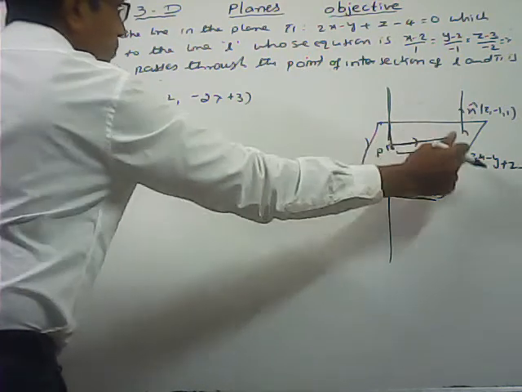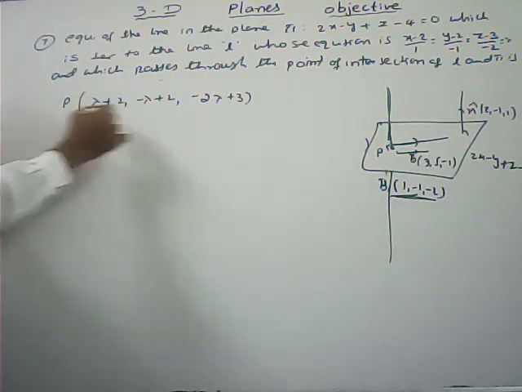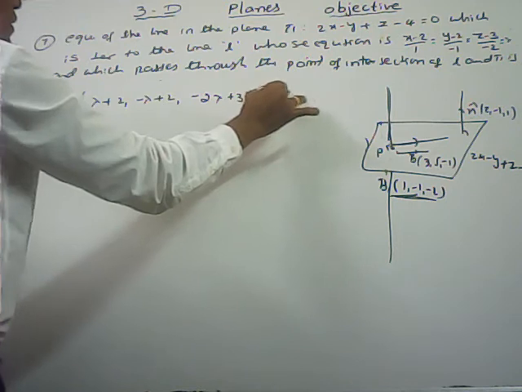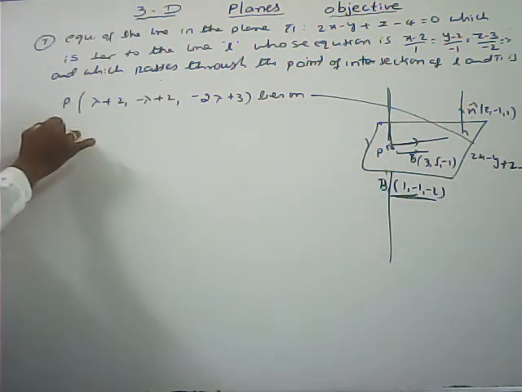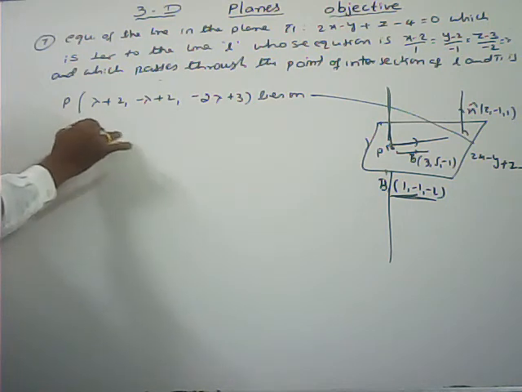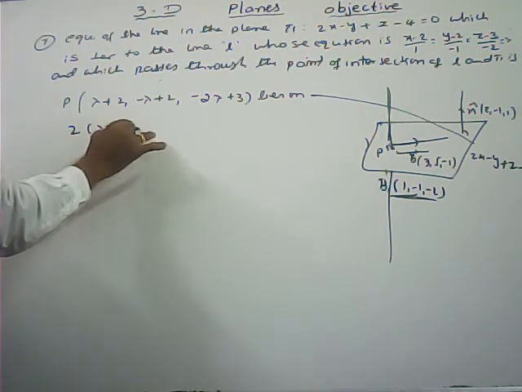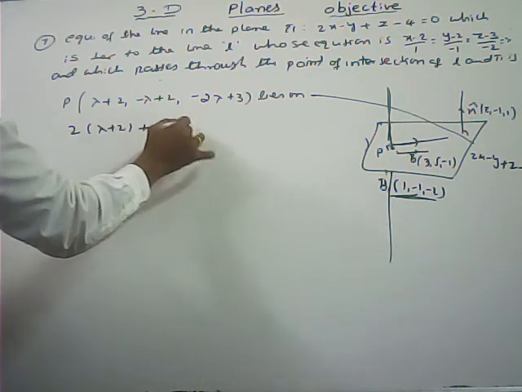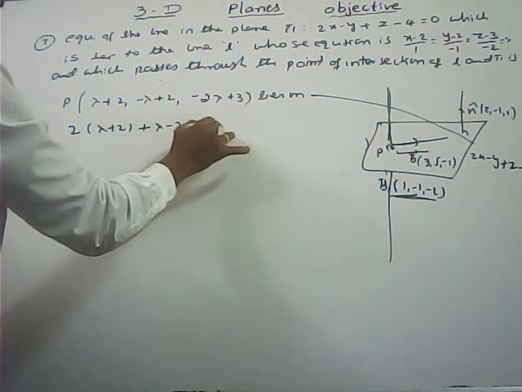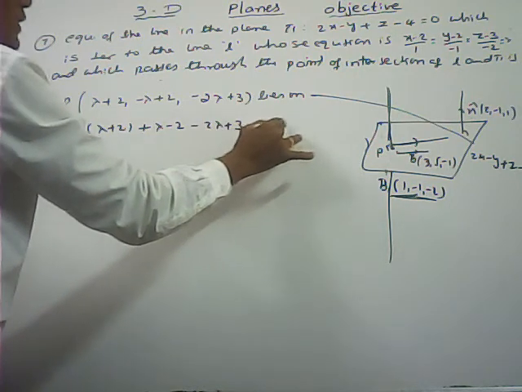That P lies on the plane also. P lies on that plane. So in the place of x, y, z you can substitute that one. 2 into lambda plus 2, minus lambda minus 2, plus minus 2 lambda plus 3, minus 4, that is equal to 0.